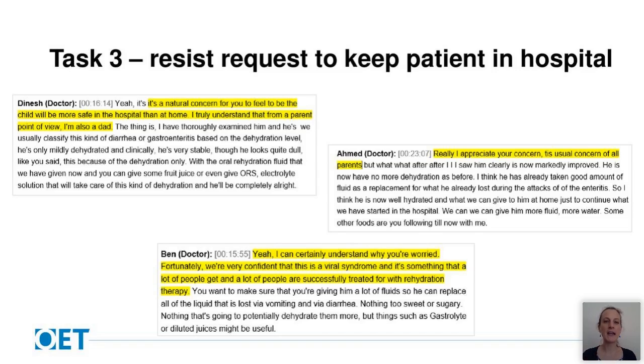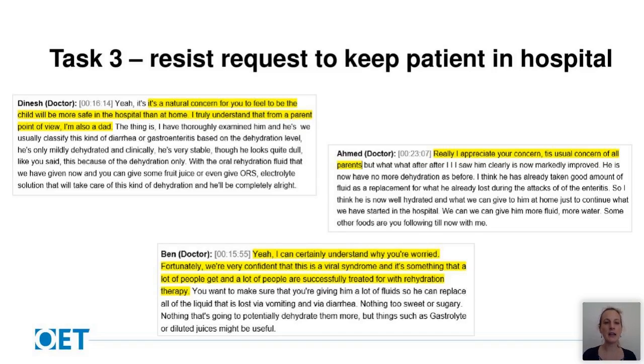The doctor on the right also says something similar. Really, I appreciate your concern. It is usual concern of all parents. So they validate the parents' concerns before they go into resisting that request and explaining why the son can go home.